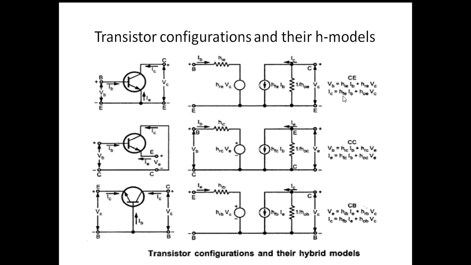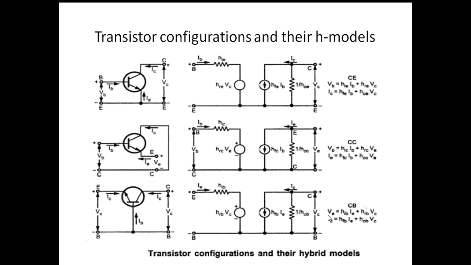Output current IC is equal to HFE-IB plus HOE-VC. Similarly, for common collector, VB is equal to HIC-IB plus HRC-VE. Output current IE is equal to HFC-IB plus HOC-VE.